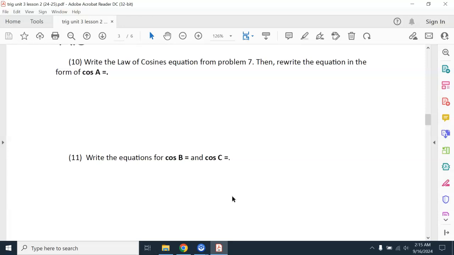Like the quadratic formula, if we can rewrite an equation so that all the numbers go on one side, then we don't have to worry about doing any additional algebra steps to get to the value we're looking for, other than maybe the square root for a missing side. Like the quadratic formula, it's just plugging the numbers in, utilizing your calculator, and not having to worry about a lot of algebra. And that's going to be true for finding the angle measurement for the law of cosines.